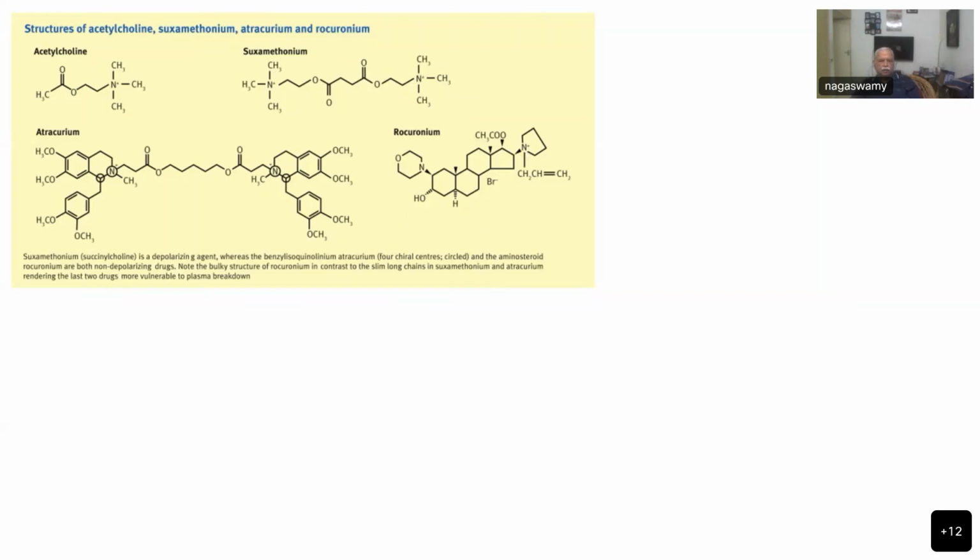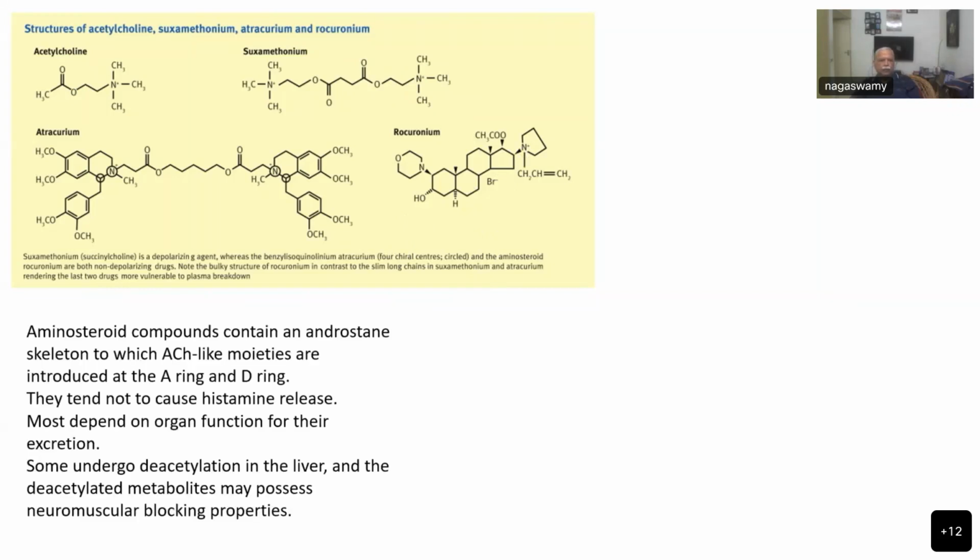Okay. So aminosteroid compounds contain an androstane skeleton in which acetylcholine-like moieties are introduced in the A ring and D ring. So this is the A ring, this is the D ring, and they tend to cause histamine release. Most depend on organ function for their excretion.